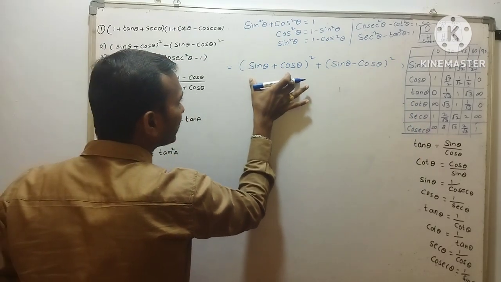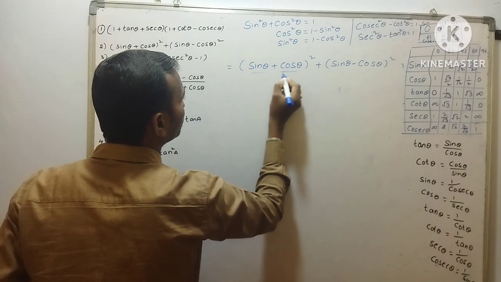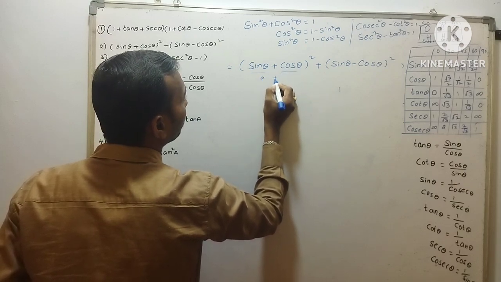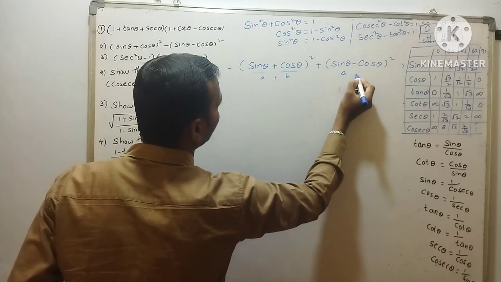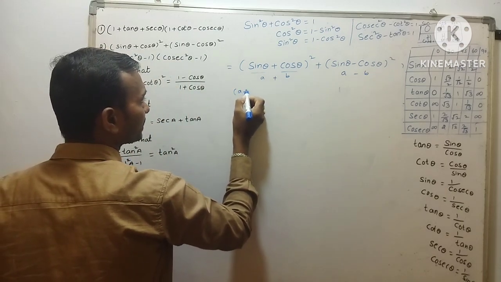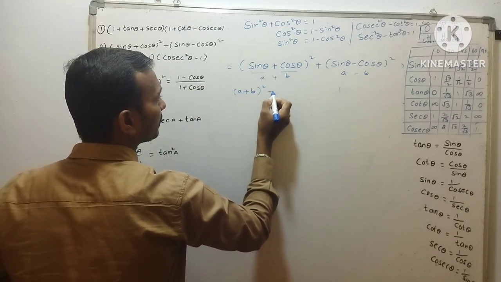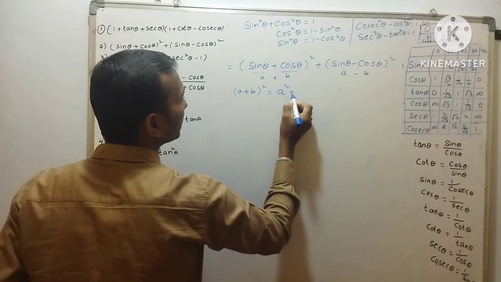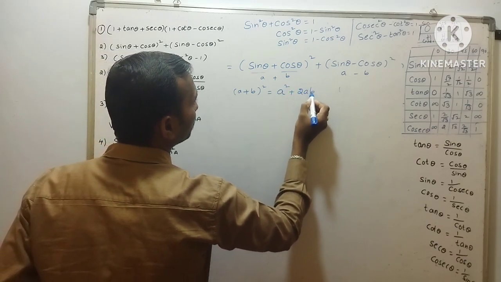So it is looking like a plus b whole square. It is looking like a minus b whole square. So the formula of a plus b whole square is nothing but a square plus 2ab plus b square.